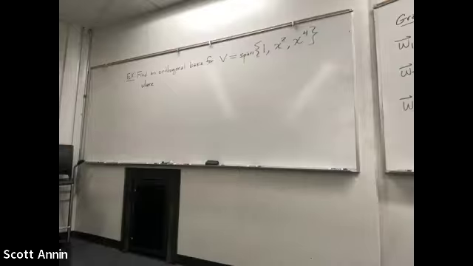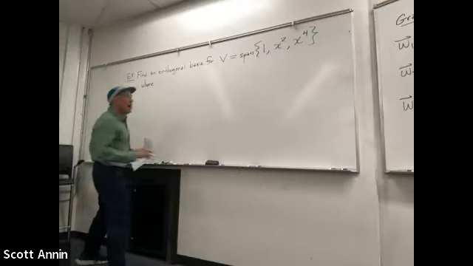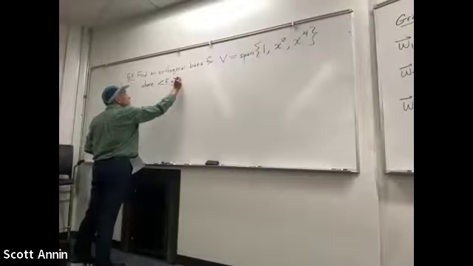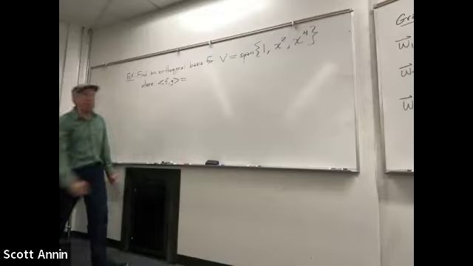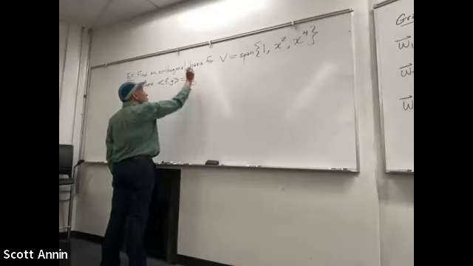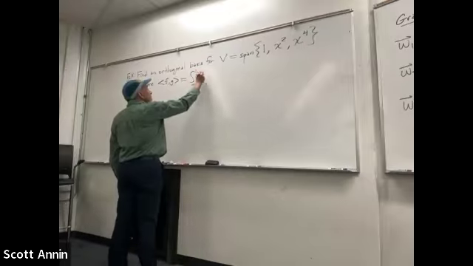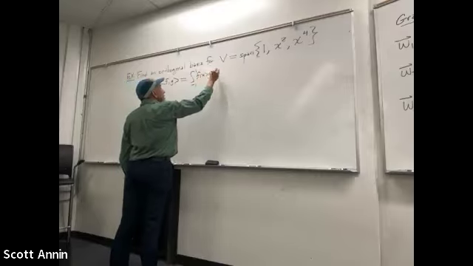There is no one standard formula anymore, so I have to give you the formula. So I'm going to do it right here. The inner product of f with g is just going to be the integral, this time from -1 to 1, of f of x times g of x dx.